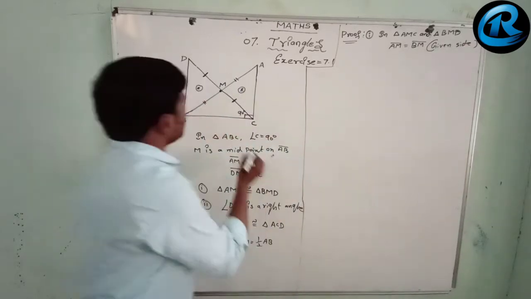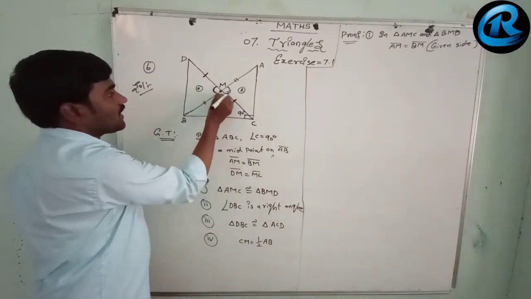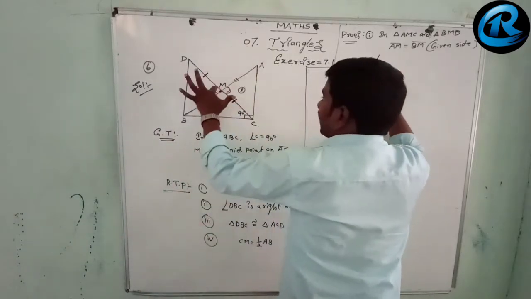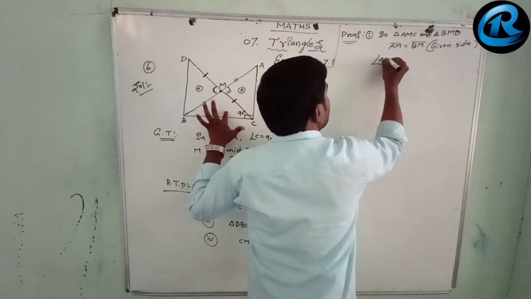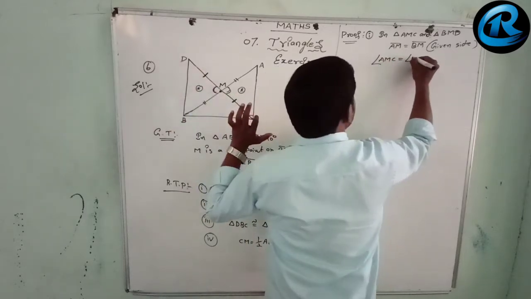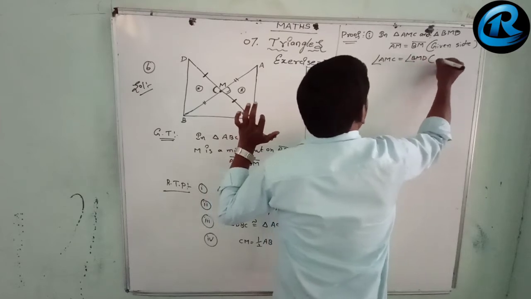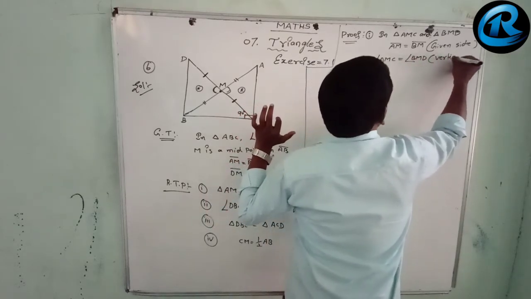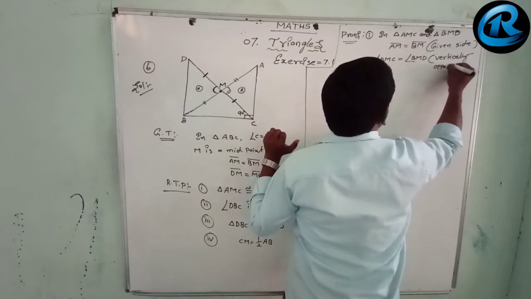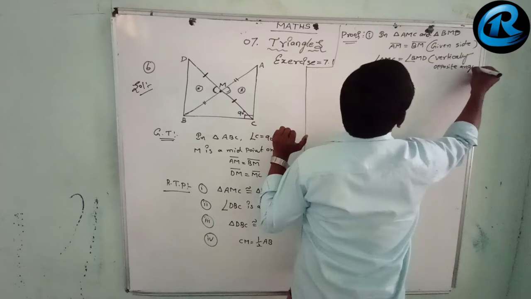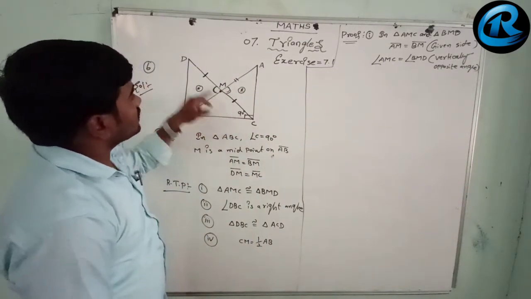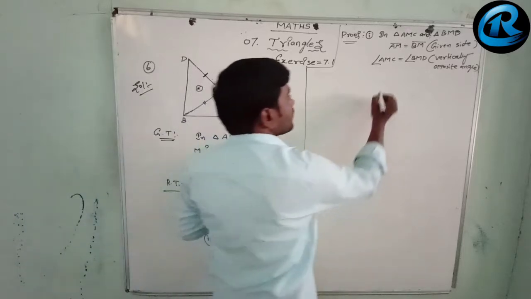Also we can say that these two angles are vertically opposite angles. So angle AMC is equal to angle BMD, vertically opposite angles. Again, CM is equal to DM.